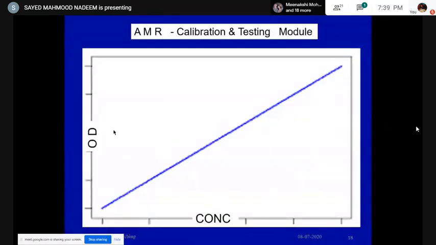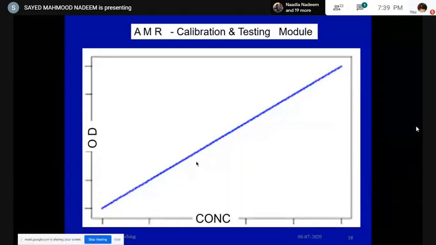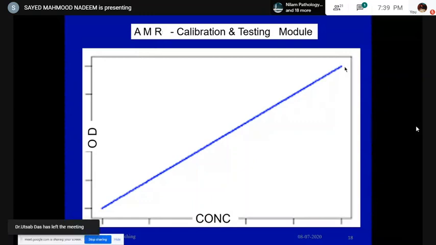This is a graphical representation of the normal analytical curve. This is the simplest analytical curve, a straight line. And this is the analytical measuring range. It has the highest limit of detection here, and the lowest limit of detection here.